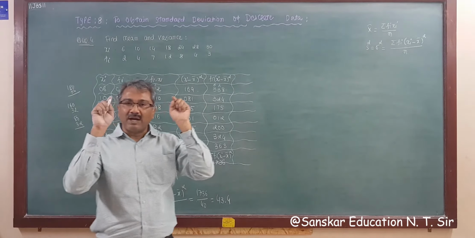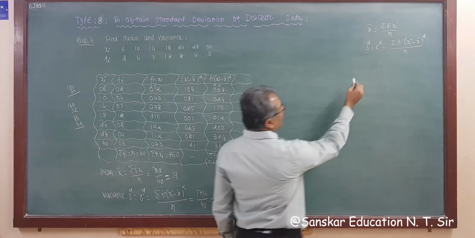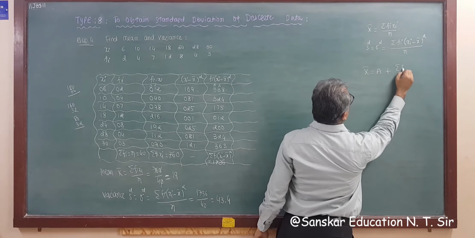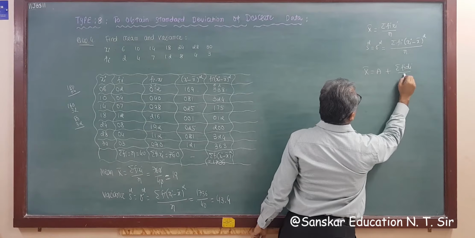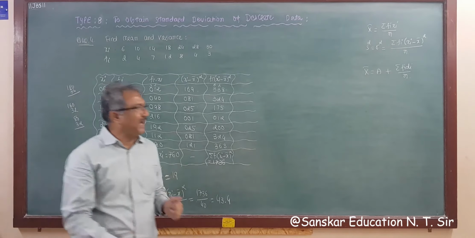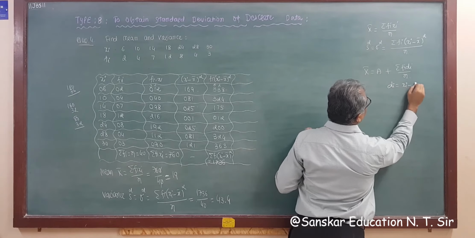Now if you want to apply a shortcut method, then the formula for mean is x bar is equal to a plus sigma fi di upon n, where di is equal to xi minus a.